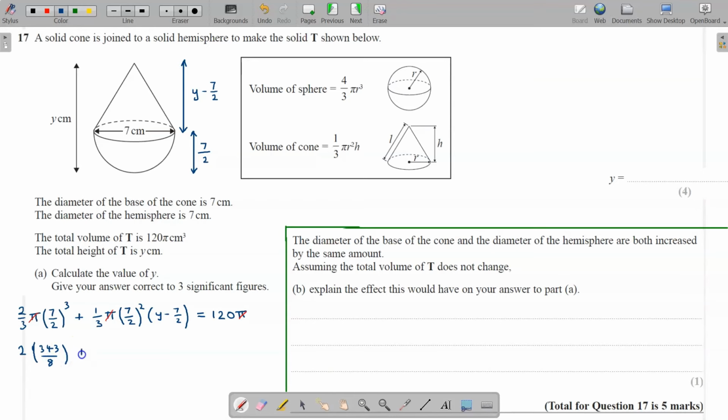And then we've got the third's gone and the pi's gone, so we're just left with 7/2 squared, which is 49/4, and that's multiplied by y minus 7/2, and finally we've got 120 pi. The pi's gone, and because we've multiplied these by 3, we must multiply this by 3 to get 360.